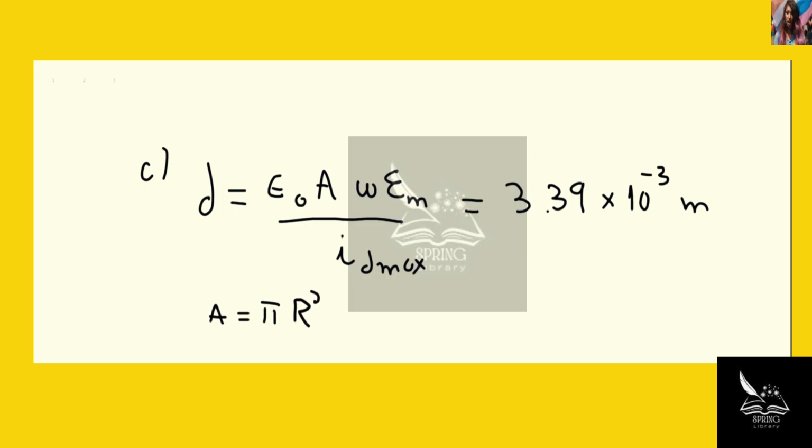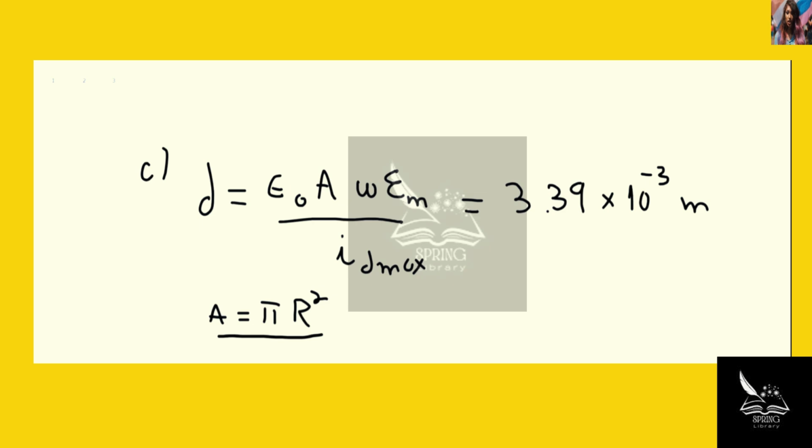Let me write this: d is equal to epsilon 0 A omega epsilon m divided by I_D max, and plug in the values that we got. We have this as 3.39 times 10 to the minus 3 meters, where we use the cross-sectional area of a plate, pi r squared.